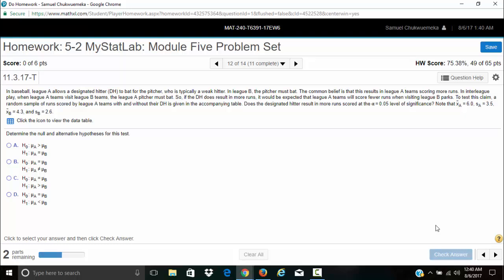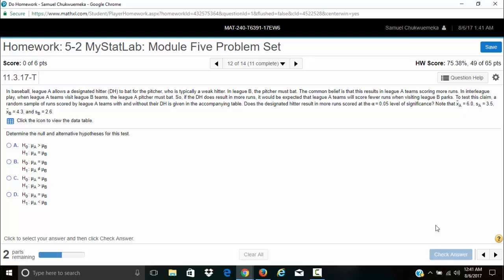Question 12. In baseball, how many of you play baseball? League A allows a designated hitter to bat for the pitcher, who is typically a weak hitter. In League B, the pitcher must bat. The common belief is that this results in League A teams scoring more runs. In interleague play, when League A teams visit League B teams, the League A pitcher must bat.